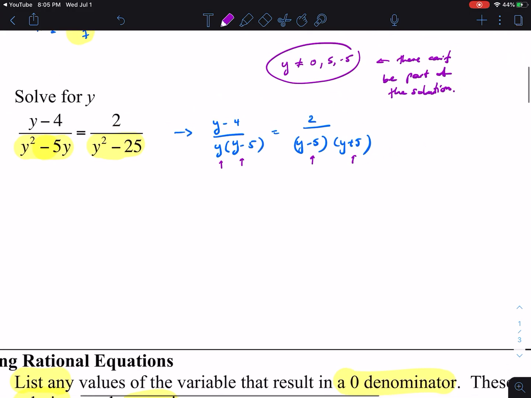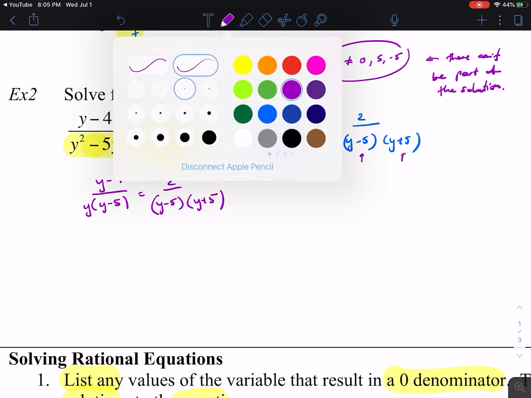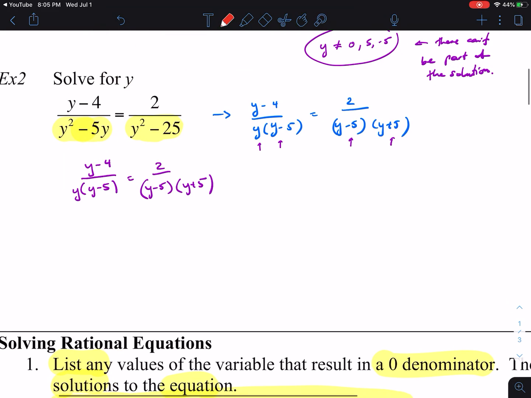The next step is to multiply both sides by the LCD. Using the technique we learned from the previous lesson to find the LCD of these two denominators, we want all the factors.